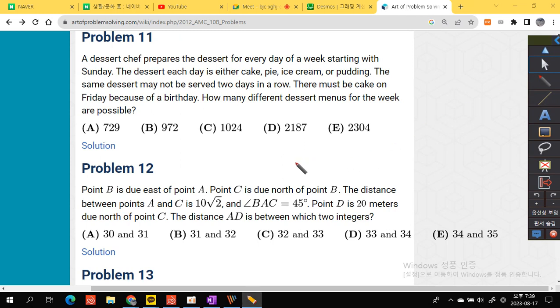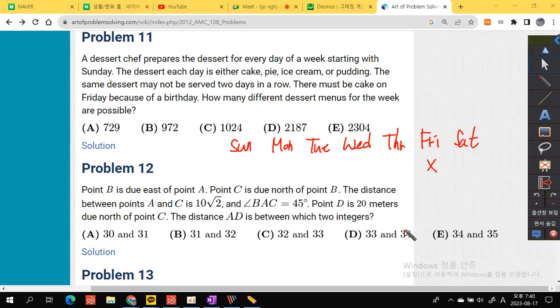And for number 11, if we want to make a 1 week schedule for dessert, Friday is fixed for cake, so we don't have to think about Friday's menu.